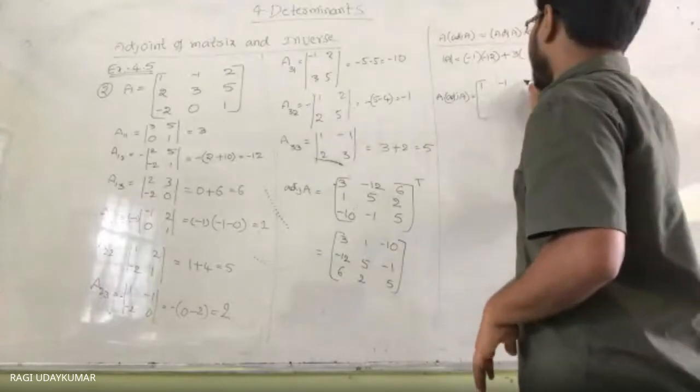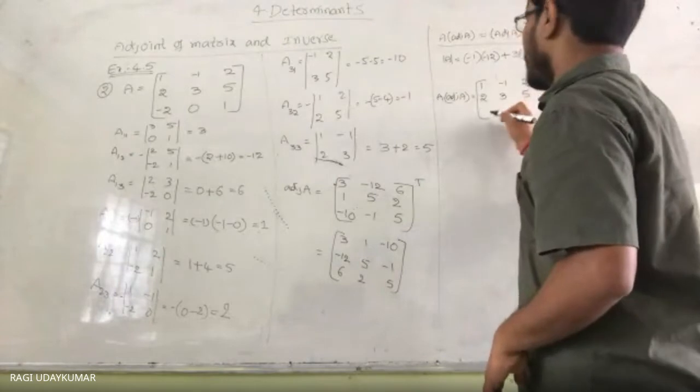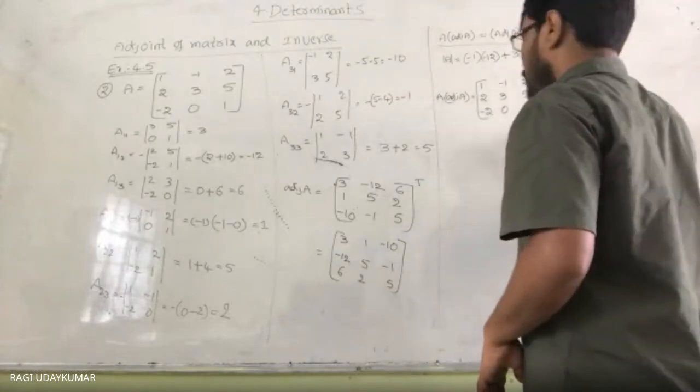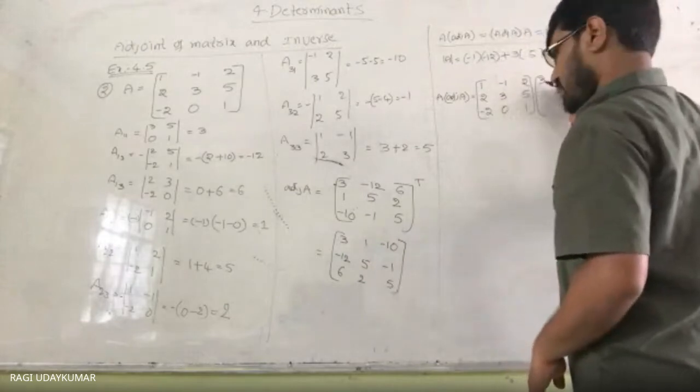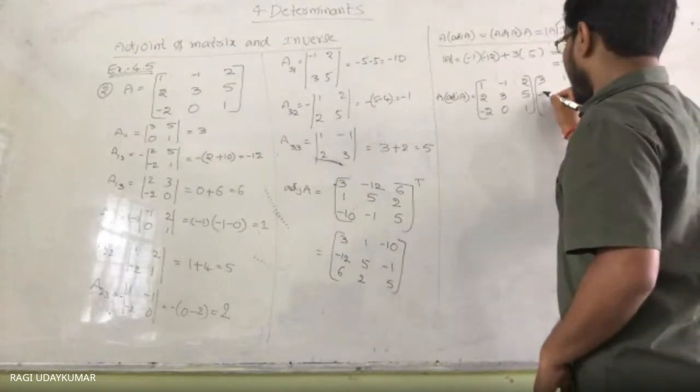How far did we get right? You have to check. A is 2, 3, 5, minus 2, 0, 1. Adjoint of A is 3, 1, minus 10, minus 12, 5, minus 1, 6, 2, 5. Just find the product of these two matrices.